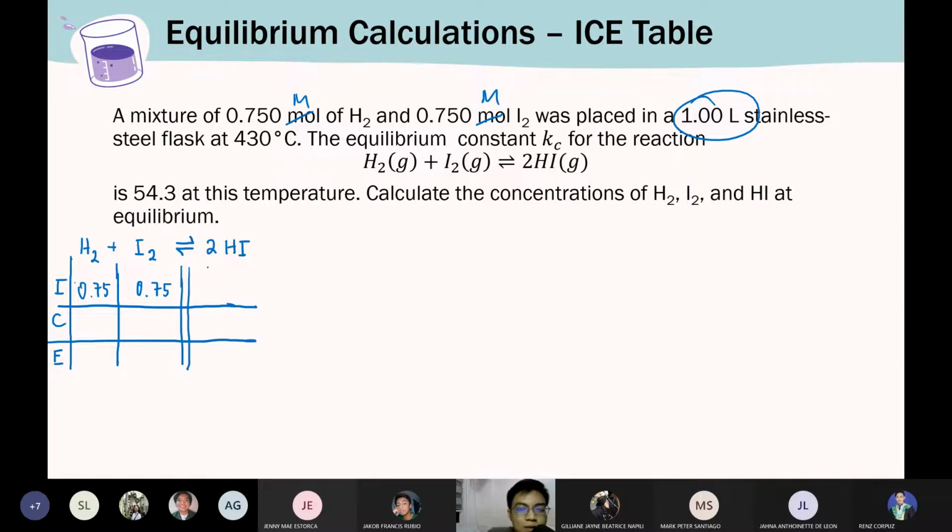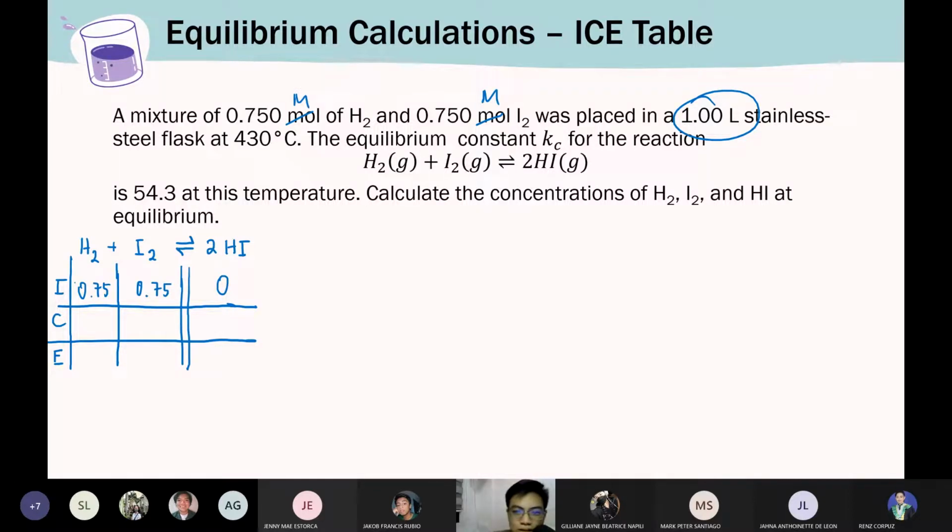HI, may sinabi ba about HI? Walang sinabi. So, edi 0. Pag walang sinabi, 0. Ito, question ko uli sa inyo. Change. Sino madadagdagan? Sino mababawasan?